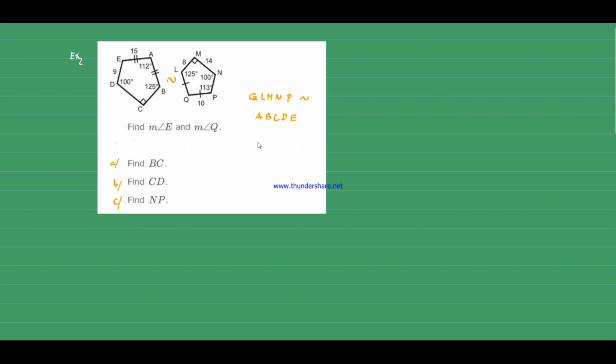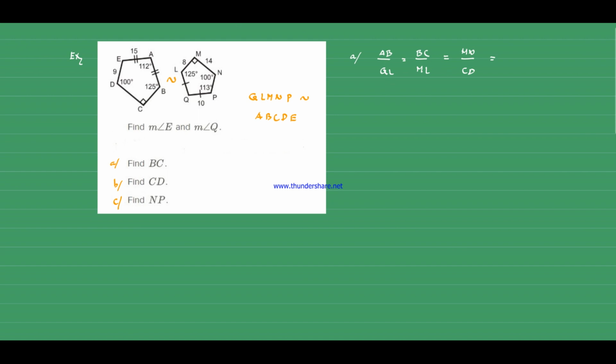All right, now we can go ahead and set up the ratio. So from here we can have AB over, AB goes with QL, equal to BC goes with ML, MN goes with CD, and oh, I'm sorry.